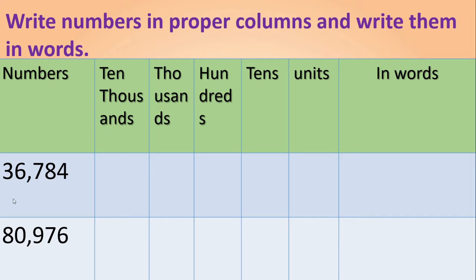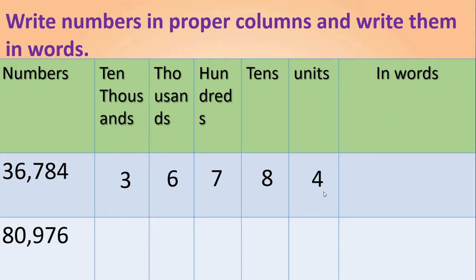Here 4, the last digit, is in the unit place, right? 8, the next one, is in the tens place. Then 7, next to 8, is in the hundreds place, then 6 in the thousands place and 3 in the 10,000s place. Now we have written all these numbers in proper places as given in the number, right?